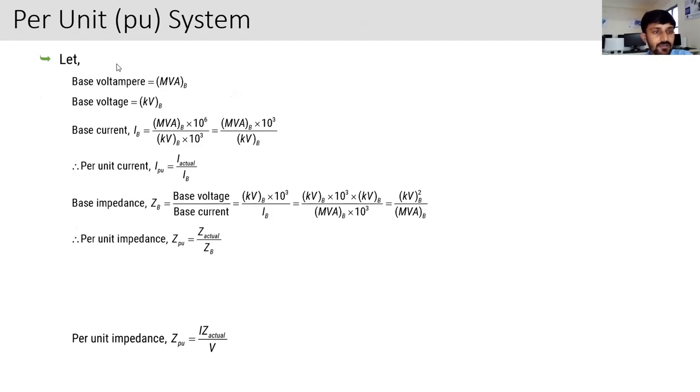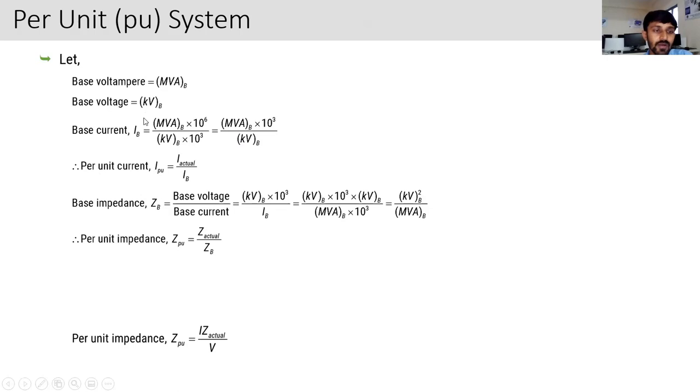What is the base current? Base current IB is equal to the MVA base value over the kV base value. This is MVA and this is kVA, so we have to cancel out by the square root of 3. So per unit current is I actual divided by the base value of the current.